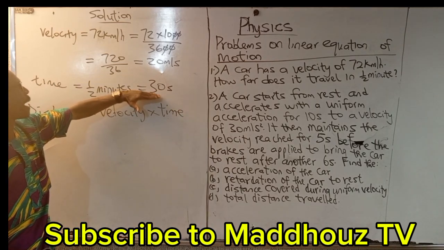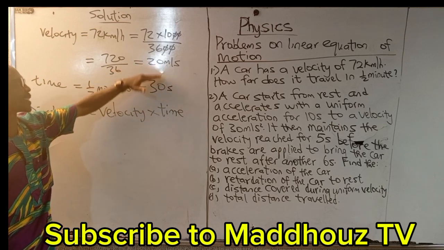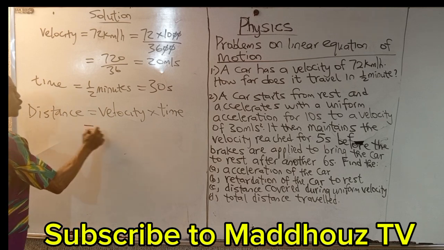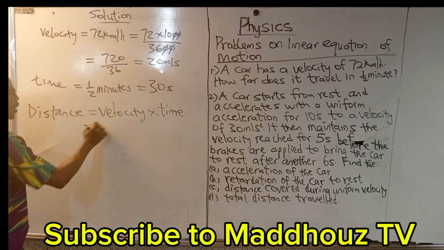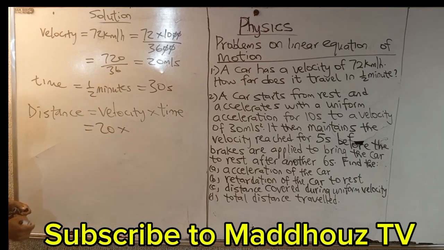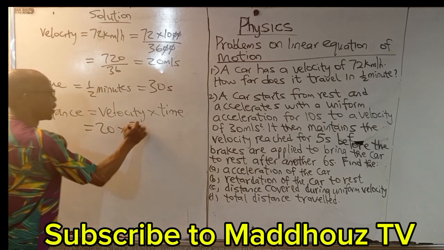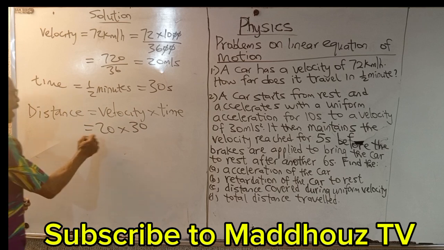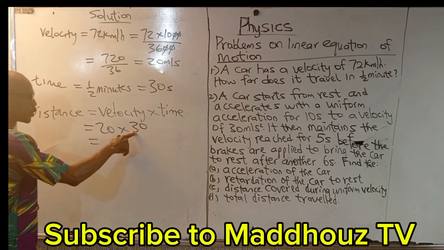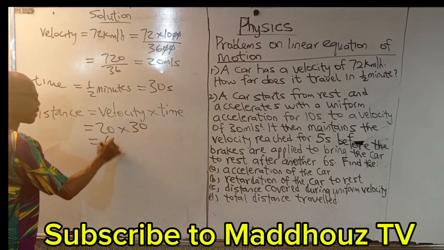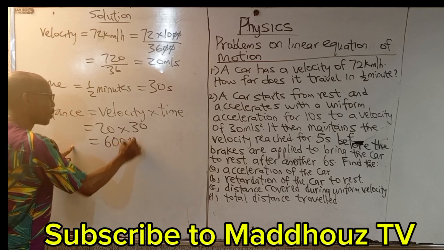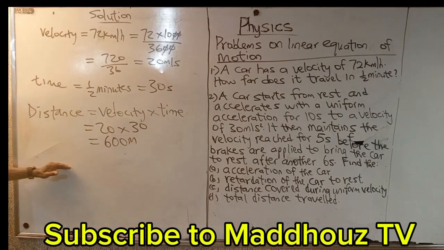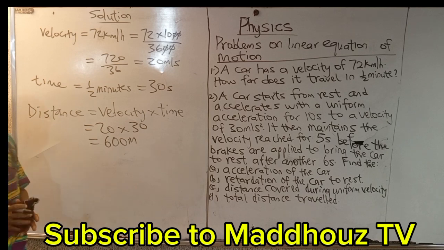Our values here are now all in our standard unit of meters and seconds. So velocity 20 times our time 30, that will give us 2 times 3 is 6, and we have 600 meters.